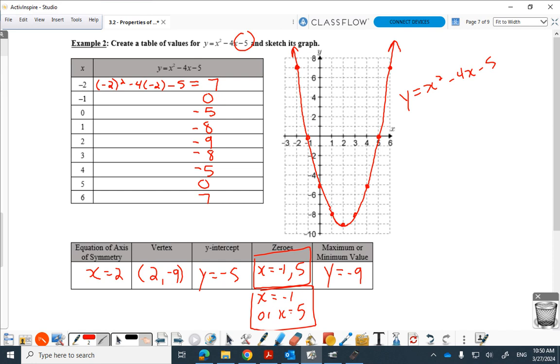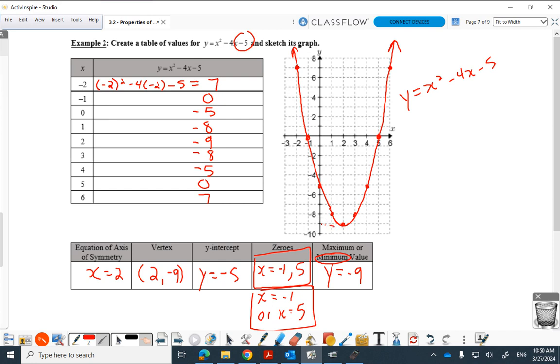It's a minimum. Oh, did I say maximum? I just misspoke. It's a minimum. Is that what you were wondering about too? Right there. Is it okay? Good. Okay.